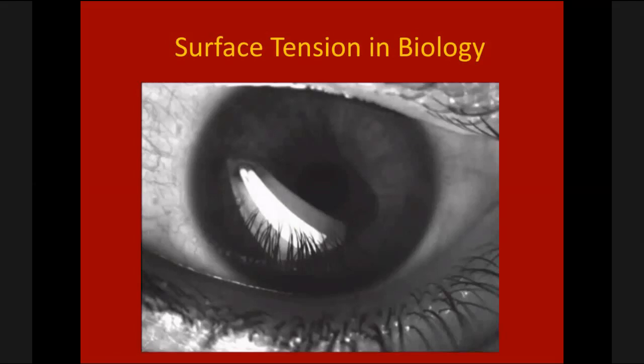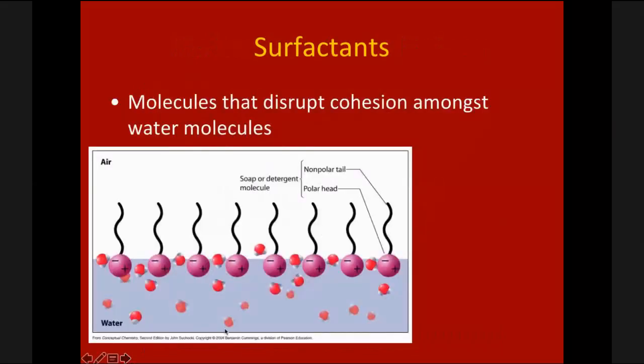On the surface of your eye, you have this layer of water that's cohered and making that boundary to prevent pathogens or dust from getting onto the delicate surface of your eye. We'll also talk about surface tension later on when we talk about our lungs. It's very important for how we breathe. Make sense?